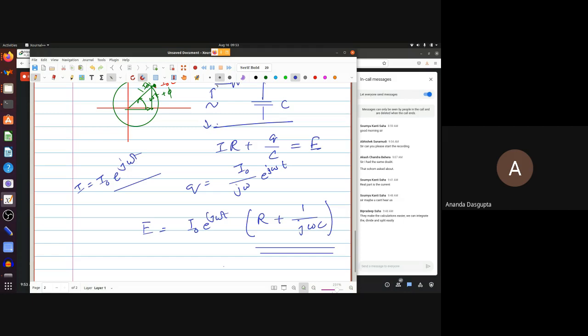The whole point is integrating the current to give you Q simply becomes a division by j omega, simply because that's all this really does for you.